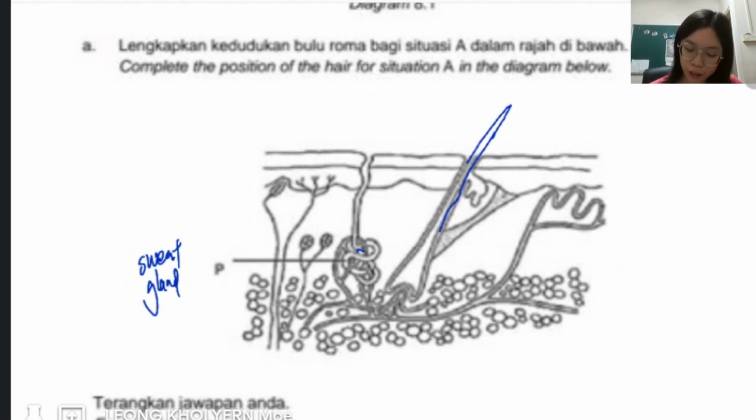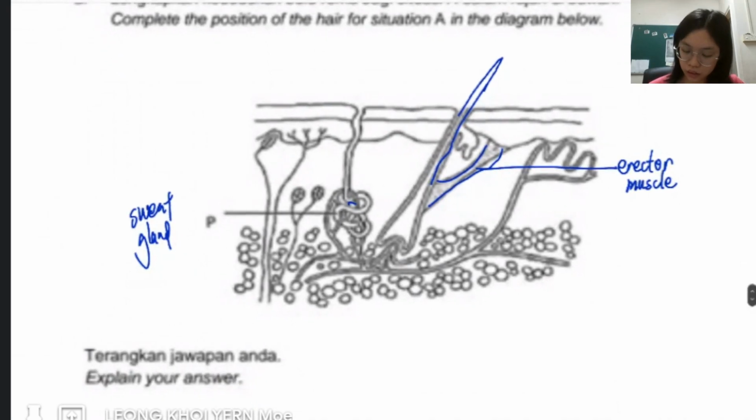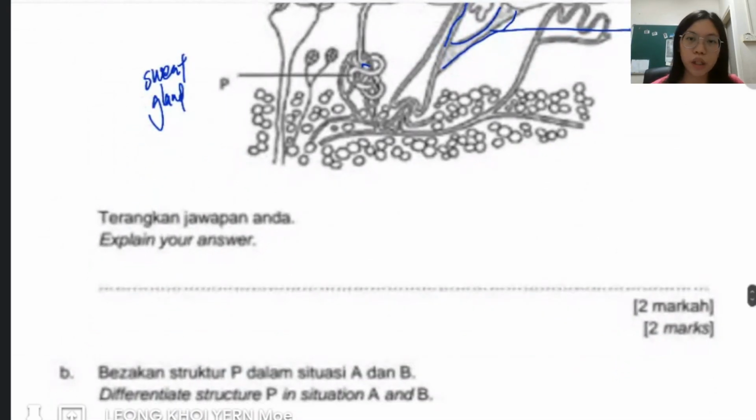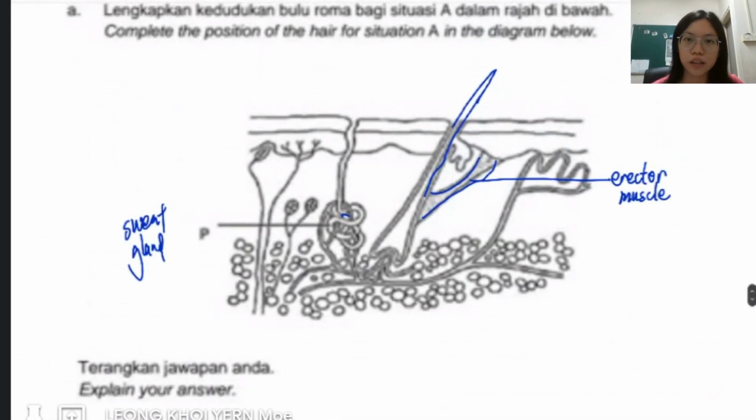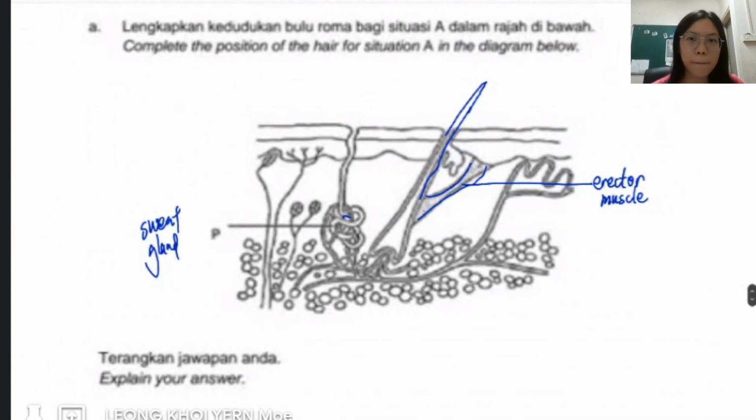Normally the muscle attached to it is called the erector muscle. And the others, this is probably the arterioles, the blood vessels. They want you to explain your answer.